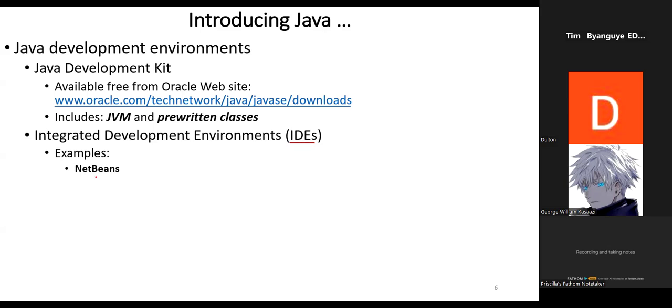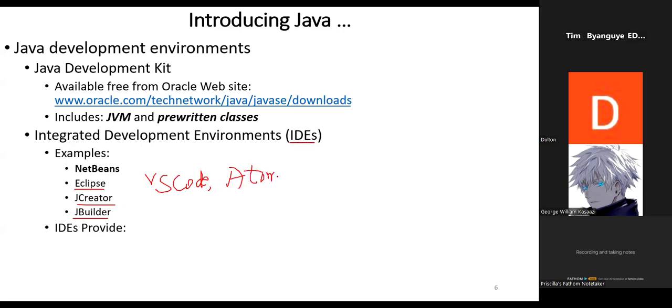Now, things like VS Code, I will be using VS Code, but I want to think that you are also using VS Code in the other classes. But some of the other examples that people use, there's one called NetBeans, there's another one called Eclipse. You can use JCreator, you can use JBuilder, but you can also add VS Code to the mix. You'll find people use another one called Atom.